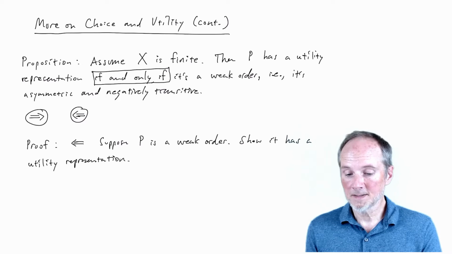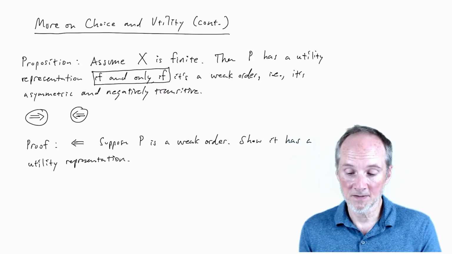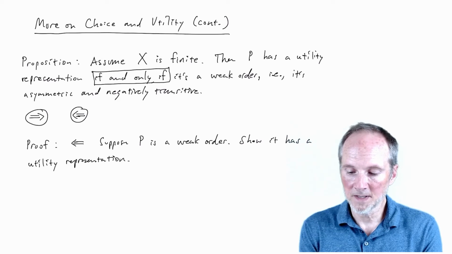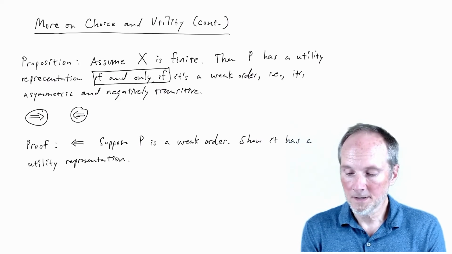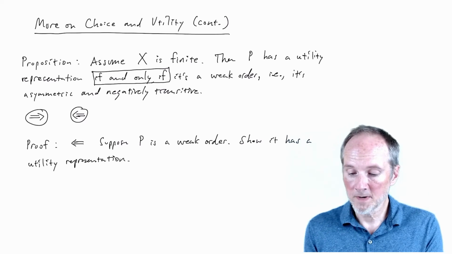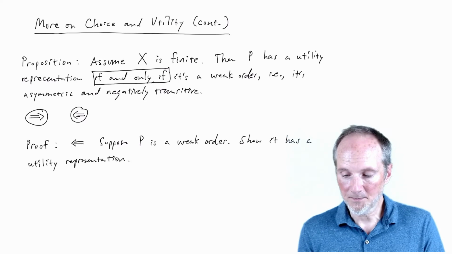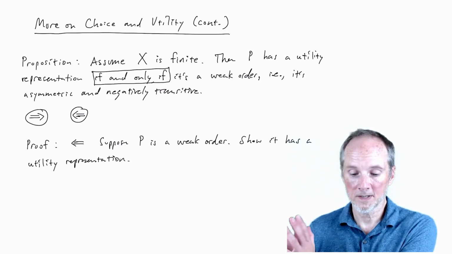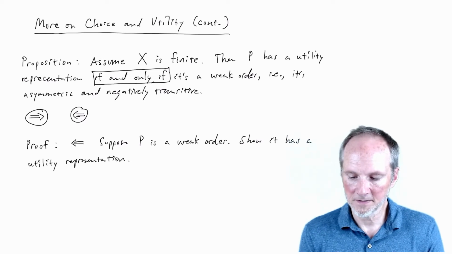Another way of saying that is there exists a utility representation. I used the term existence result when we were talking about maximal elements. Here we actually have to prove an existence result. We're assuming P is a weak order, and we have to show that there exists a utility representation.